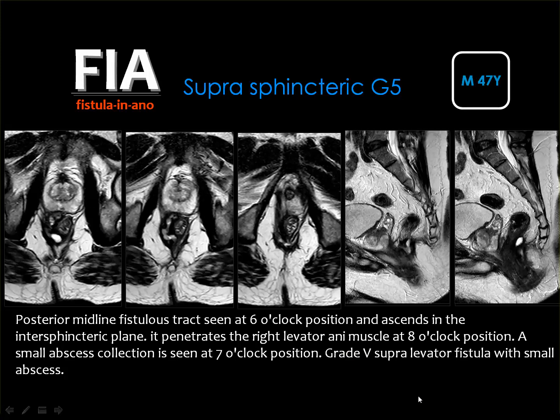Another example of the supralevator fistula, and here you see the fistulous tract with a right branch between the sphincters. Then if you follow the fistula in the sagittal image, you can see that there is a part of the fistulous tract above, and this part is crossing the levator, and this part is above the levator.